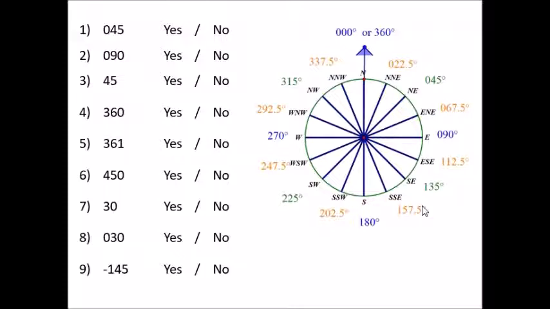We're going to start by talking about what bearings are. Bearings are angles measured from north clockwise, and bearings have 3 digits. They always have the hundreds, the tens and the units, and they can also include decimals as well. It's important to note that north can be represented as 000 or 360 degrees.